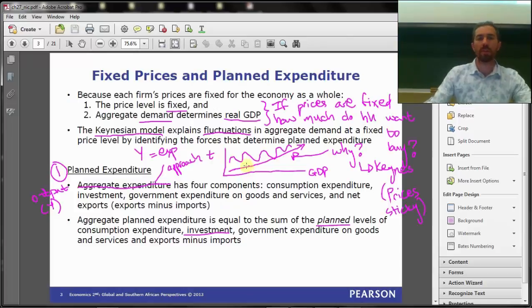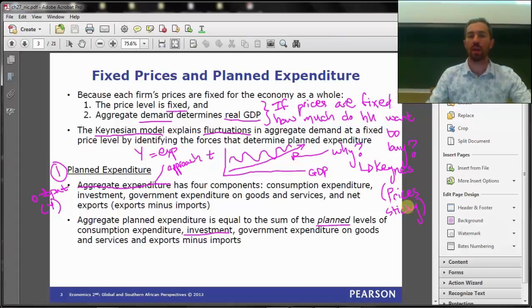Why are we interested in this Keynesian model anyway? I mean, we've measured GDP, we know how to measure it. Well, what Keynes was interested in was explaining why output goes up and down over time. And he said one of the reasons that it might be the case is if prices are sticky. Okay? So in the short run, prices don't adjust properly, which is why we're starting to look at this model where the prices are fixed so they don't adjust at all.